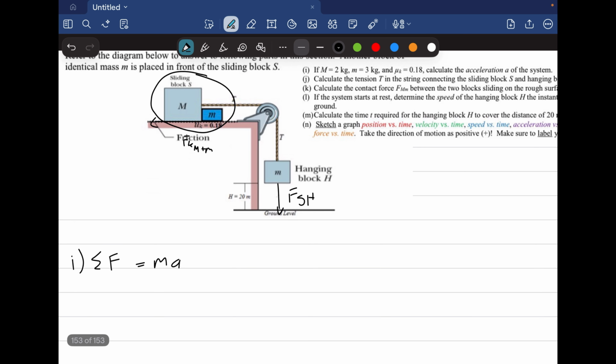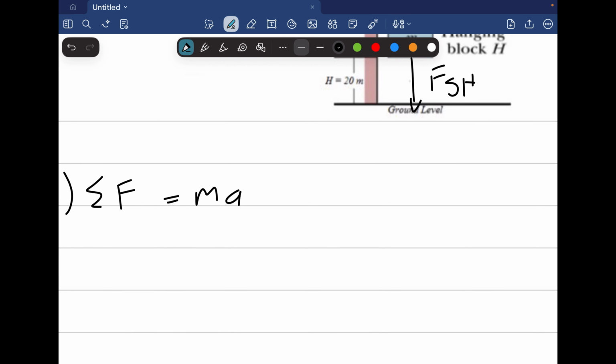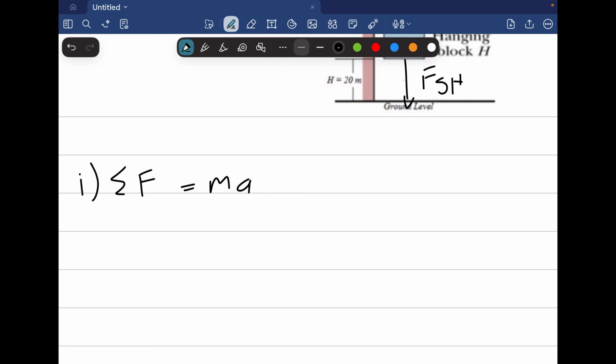And then tension is an internal force, so those two cancel out. So we have this equation: FGH minus FK of capital M plus lowercase m is equal to M total A, right?